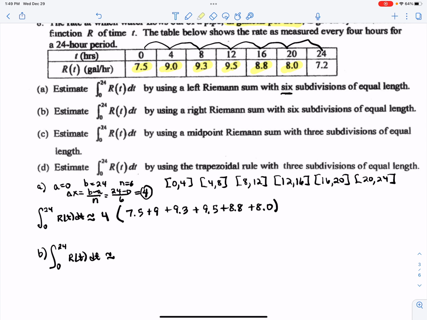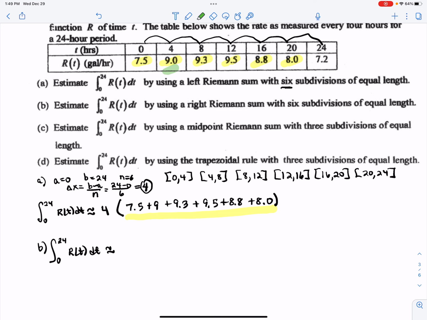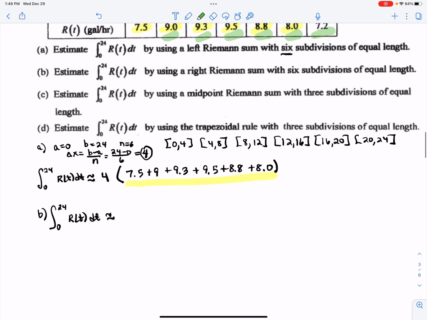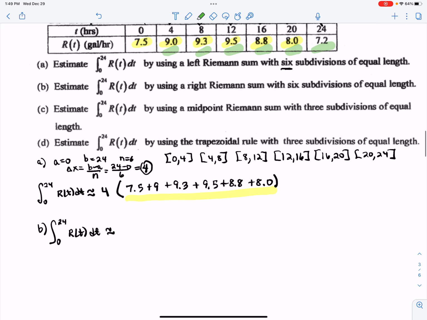The right ones would be the right y value. So it would be all the y values except for the 7.5 because it's not on the right of anything. So we get 4 times 9 plus 9.3 plus 9.5 plus 8.8 plus 8 plus 7.2.